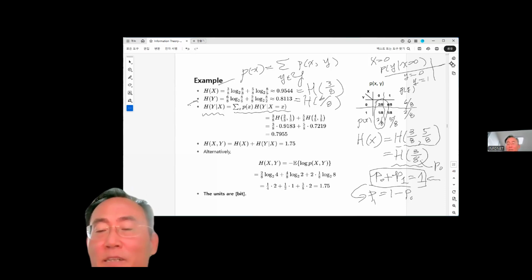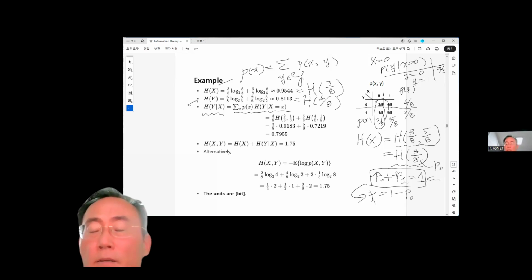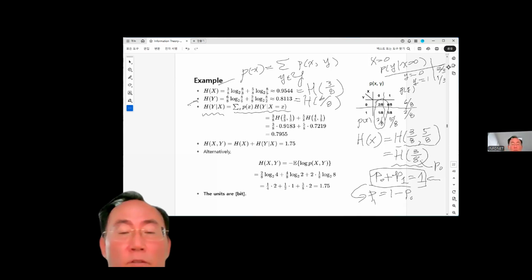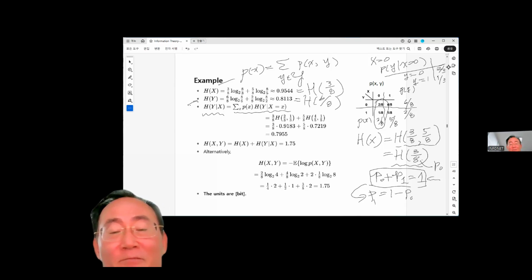In this case, y is equal to 0, that is 2/3, because that is divided by this. And then 1/3. So that's what you got right here for x is equal to 0.